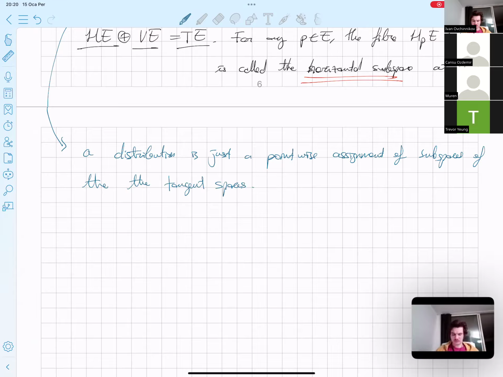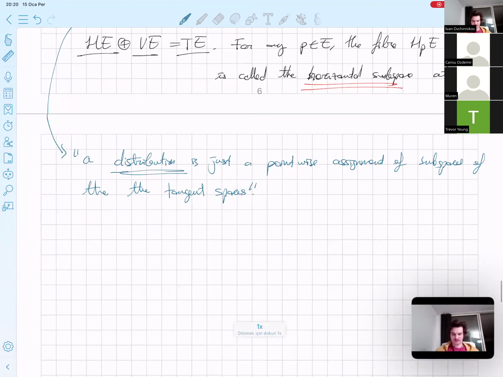For every point you assign a subspace, and you do it for every point. That's the whole point of a distribution. And smooth comes from: if the subspace varies smoothly from point to point, then it's called smooth.